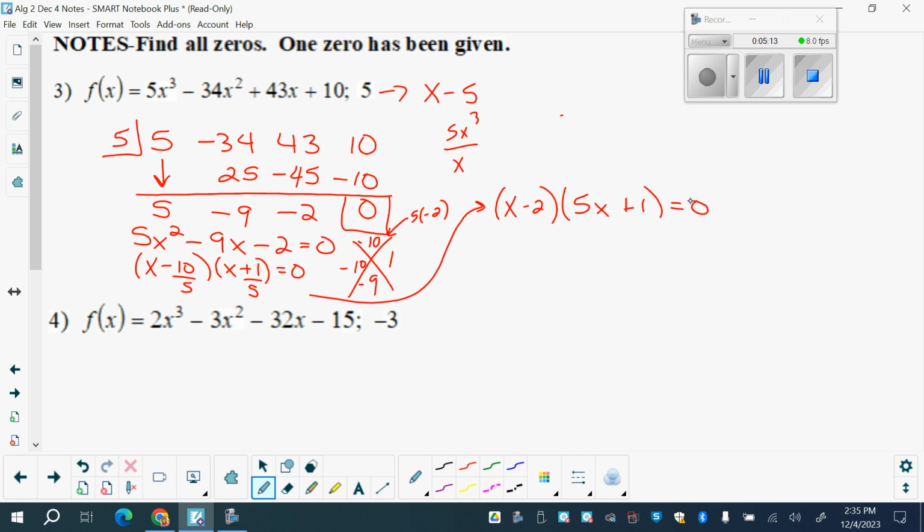What next? Zero product property. X minus 2 is 0. 5x plus 1 is 0. This gives us 2.